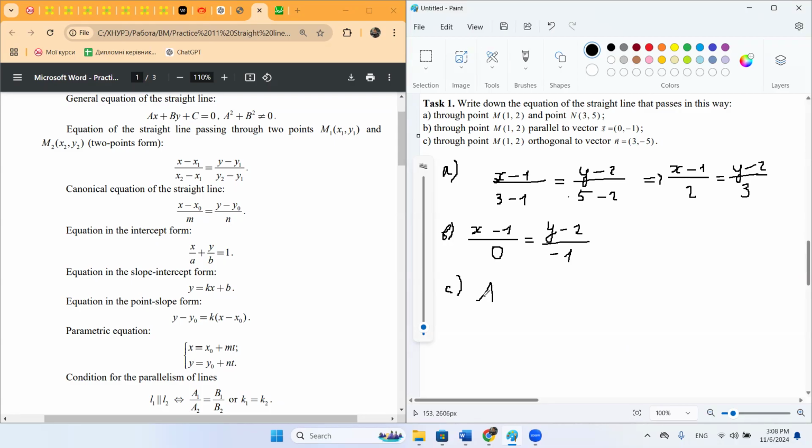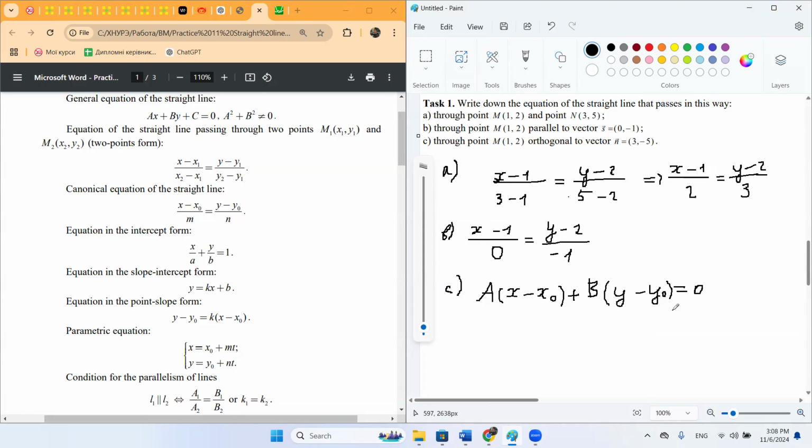So what we need: a times (x minus x0) plus b times (y minus y0). This is the equation of the line for which we know the normal vector and a point that belongs to it.